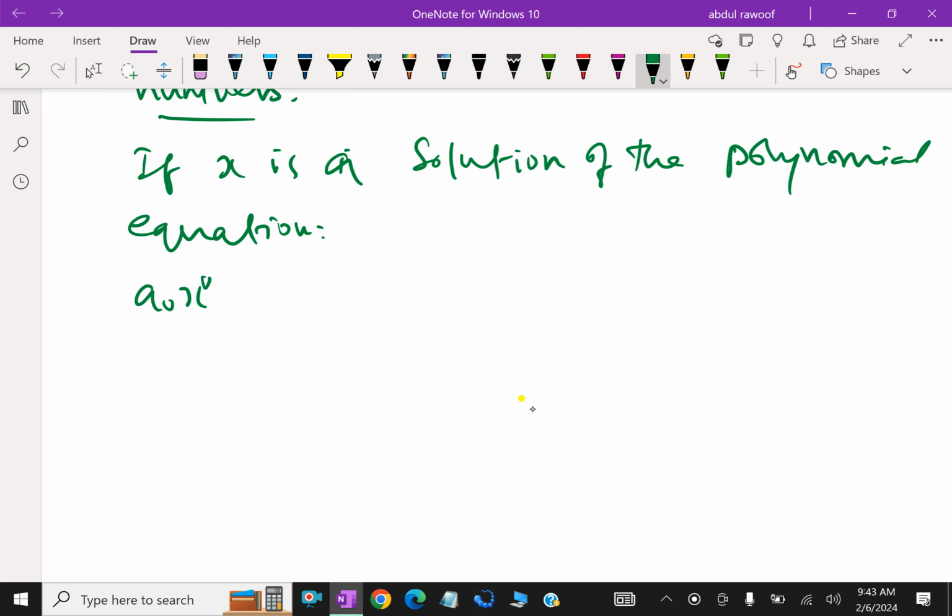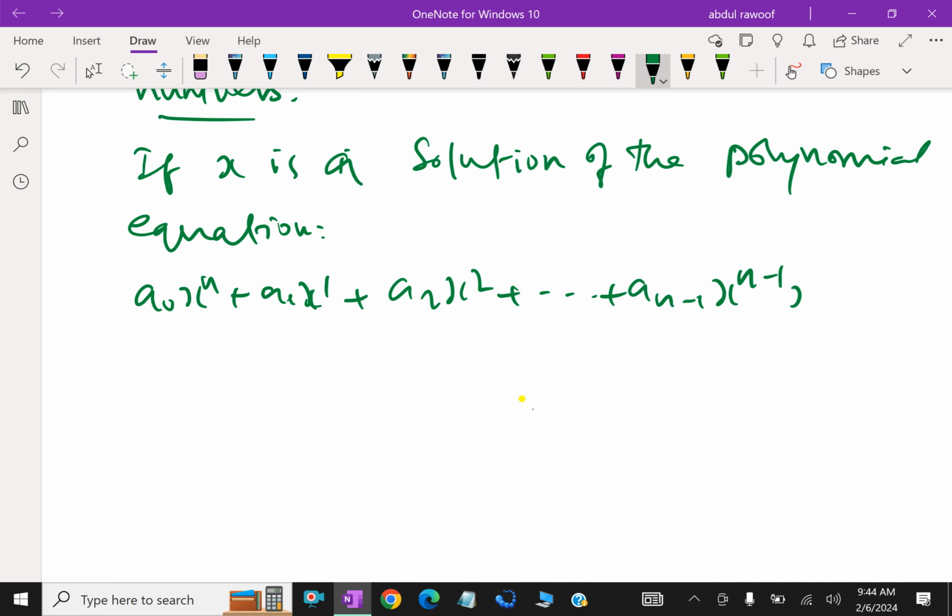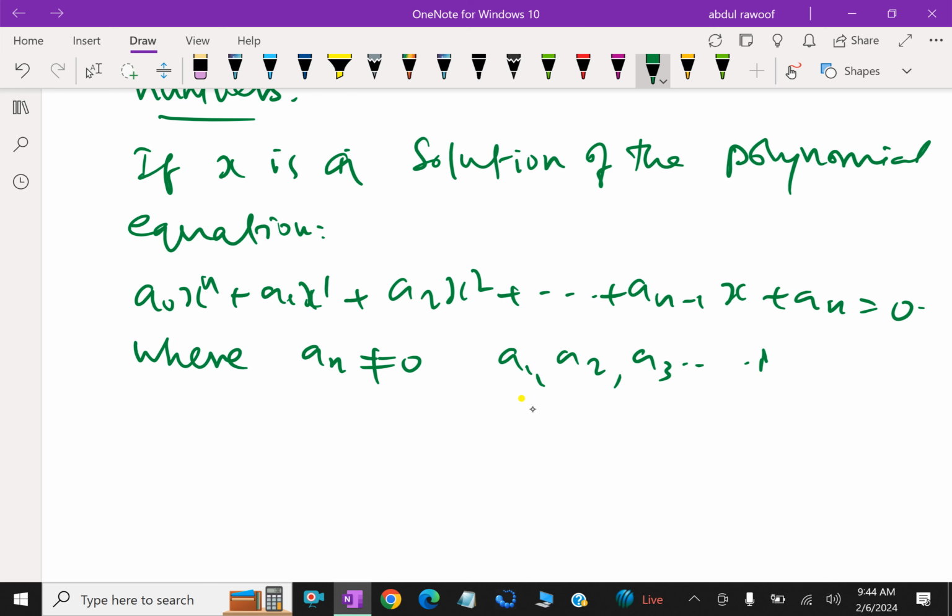a0 x power n plus a1 x power n minus 1 plus a2 x power n minus 2, and so on, plus a n minus 1 x plus a n equals 0, where a0 is not equal to 0 and a0, a1, a2, a3 and so on are integers.